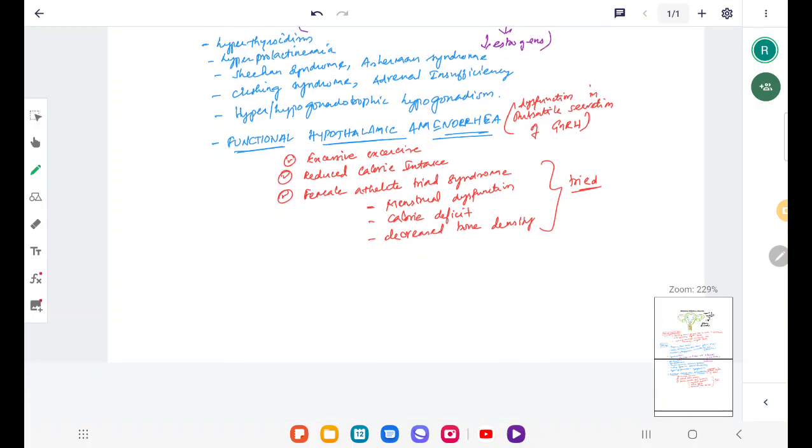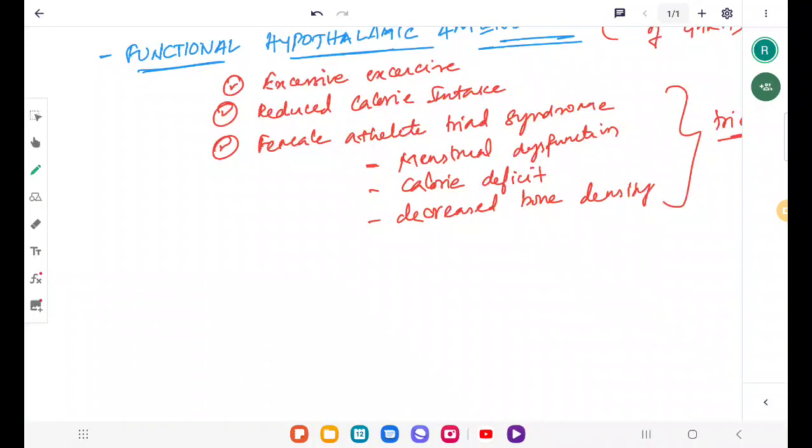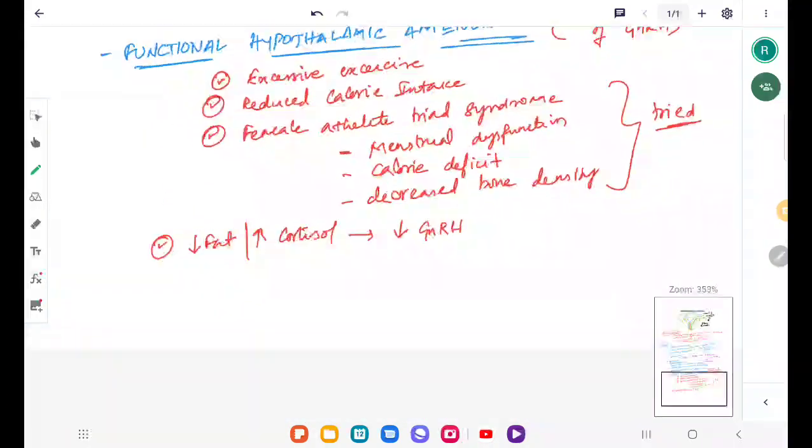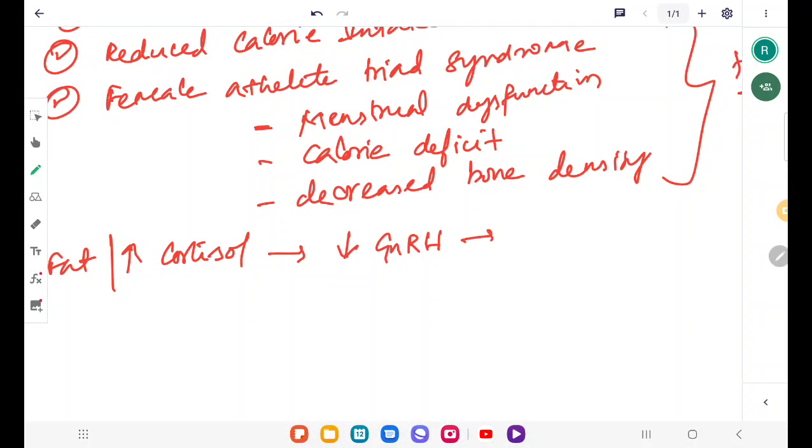So as we all know, because of this there is decreased fat and cortisol is increased, because of which through negative feedback mechanism the gonadotrophin releasing hormone is secreted in decreased levels, and that causes decreased secretion of follicle stimulating hormone as well as luteinizing hormone.